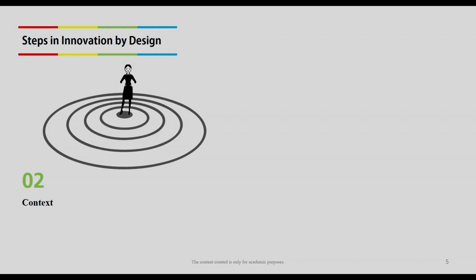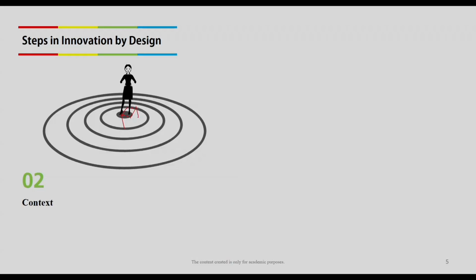So, here it is very important to check in what condition the product is used by a user. There may be other products around it which will influence the way the product is used. So, hence contextual inquiry is very important.